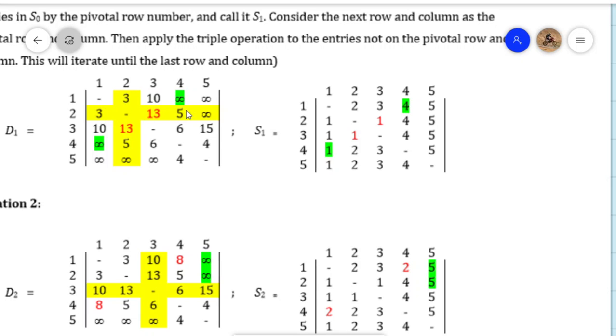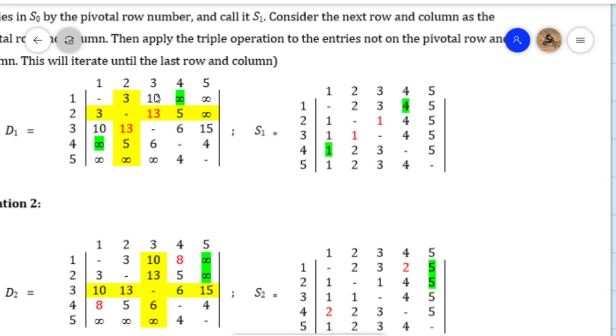So the other entries in the first row are not highlighted, meaning they are now to be applied with the triple operation. So we apply the triple operation on the first row, third, fourth, and fifth rows. First column, third, fourth, and fifth columns.